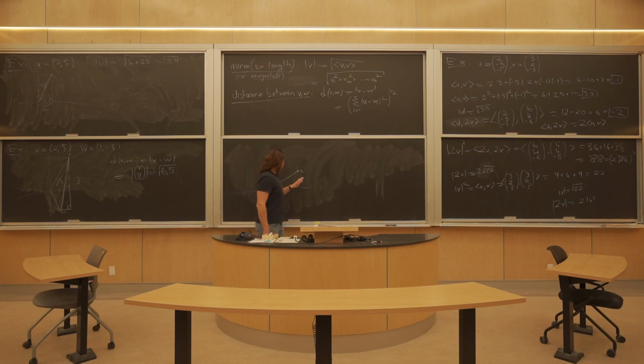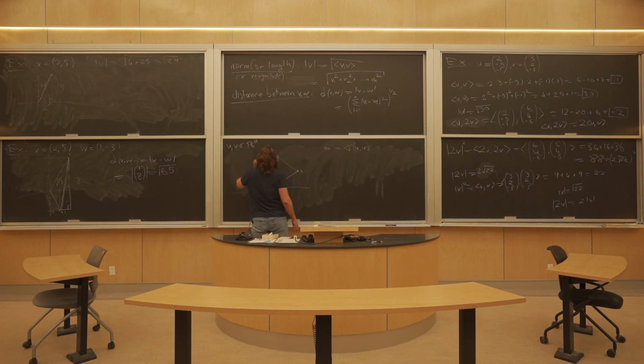All that matters is that I get to see u, v, and the origin as part of the same two-dimensional space. I would like to relate the inner product of u and v to the angle between them. So let's call this angle theta. Okay, so theta is the angle from u to v.